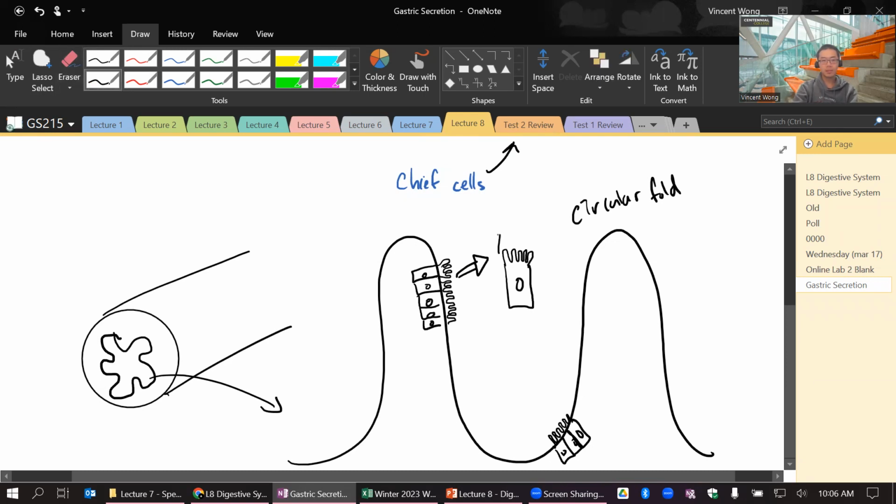So these little wavy projections are called villi. Villus is singular, one of them; a bunch of them is villi. And these finger-like projections further increase the surface area.